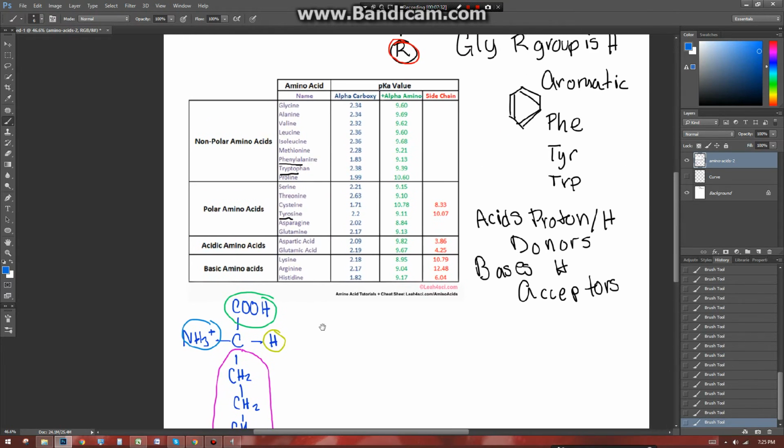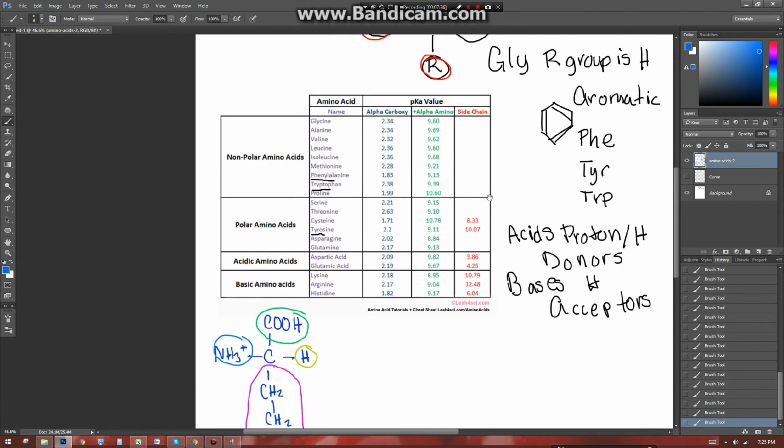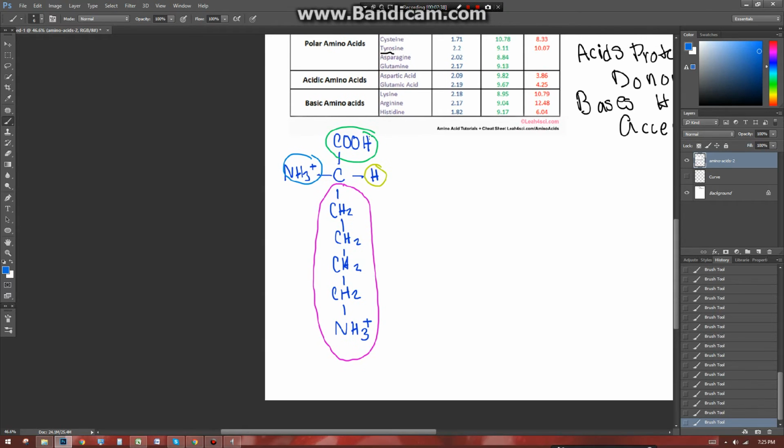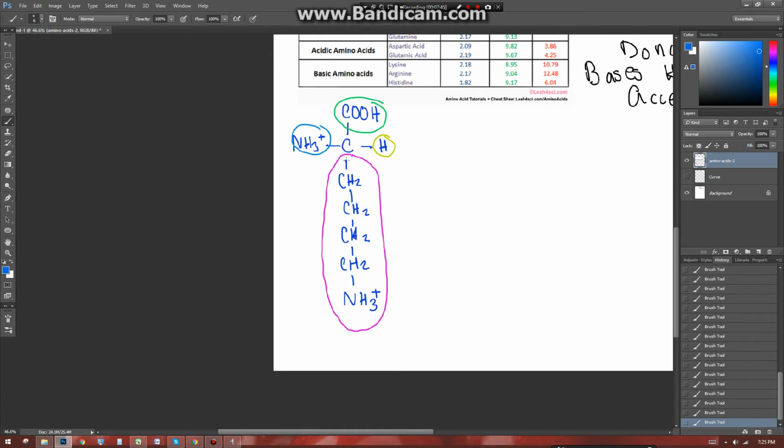So what you need to worry about is at which pH these hydrogens are going to pop off, and how they do that. Let's say at a pH of 0, the environment is going to be really acidic, because pH goes from 0 to 14.